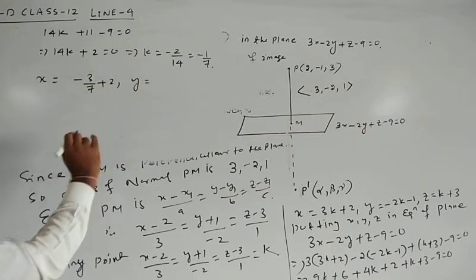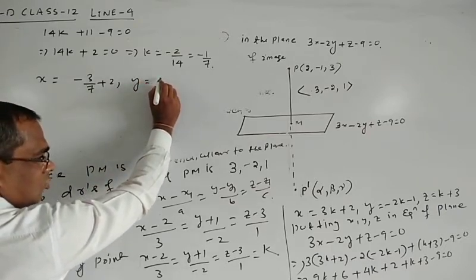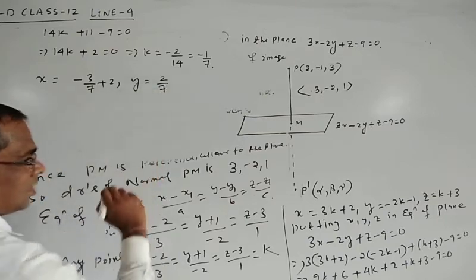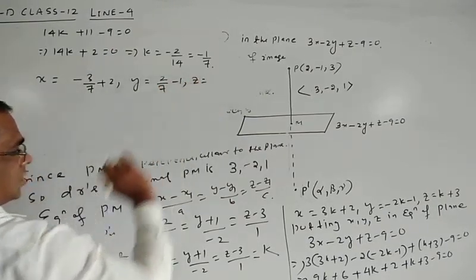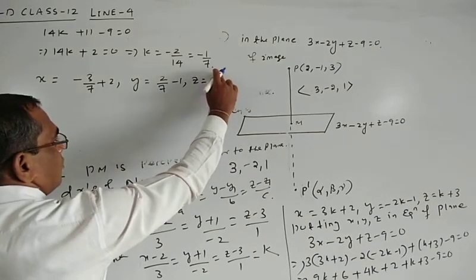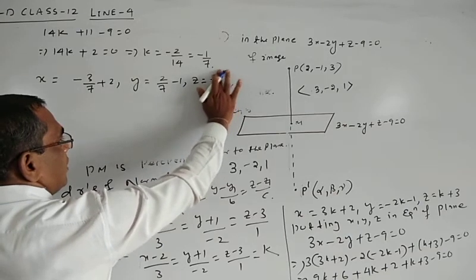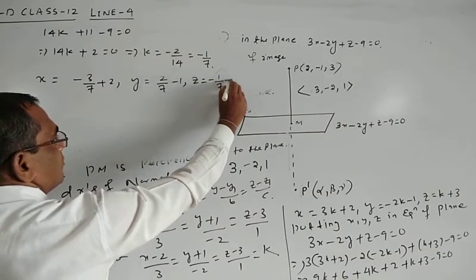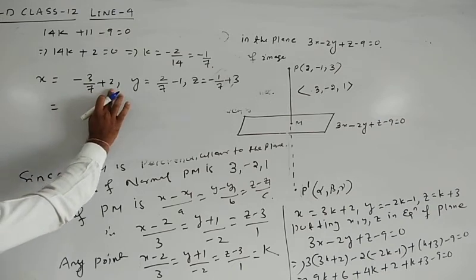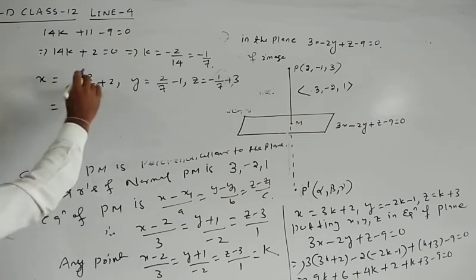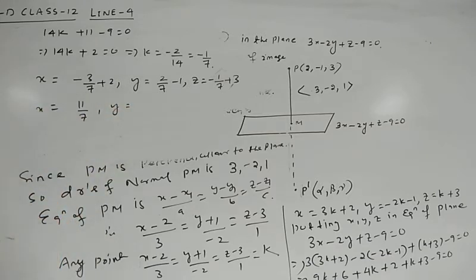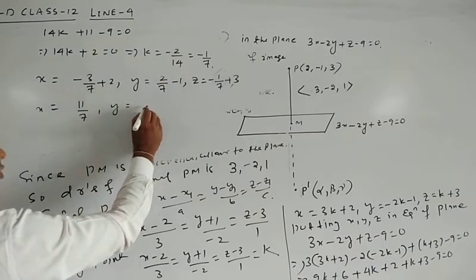And y is equal to minus 2k minus 1, where k is minus 1 by 7.